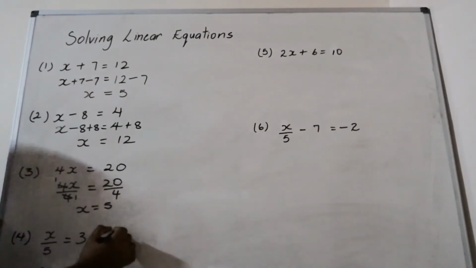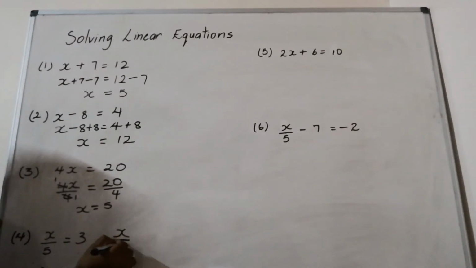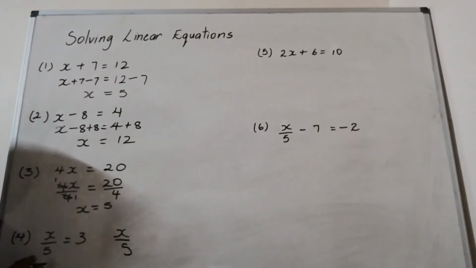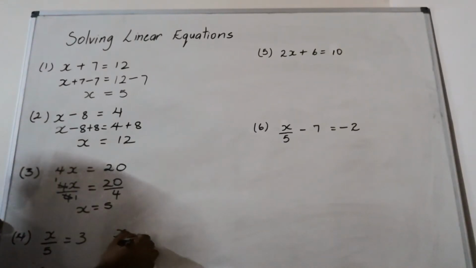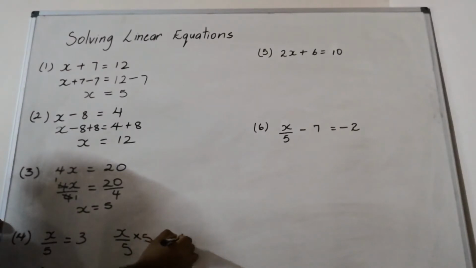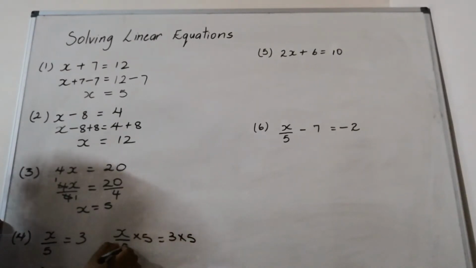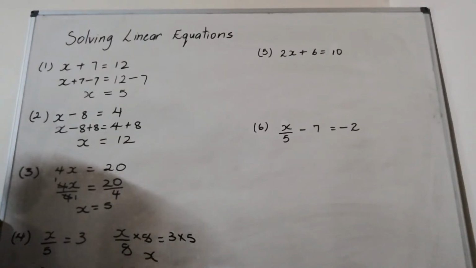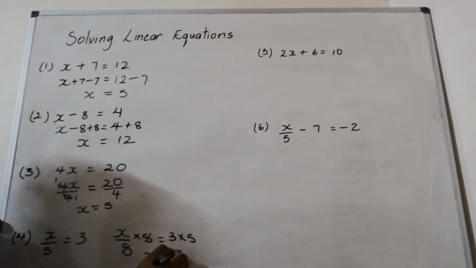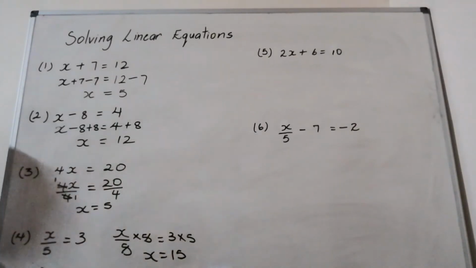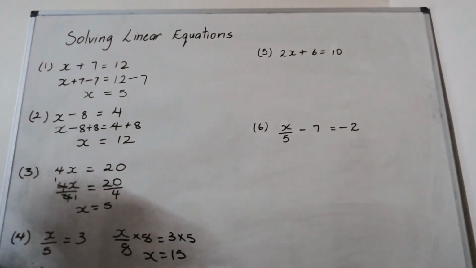So x divided by 5, since it's dividing, we have to multiply by 5 to get rid of it. That will be equal to 3 multiplied by 5. So 5 cancels out 5, x will remain, and 5 3's will be 15. So that is how we find the value of x.